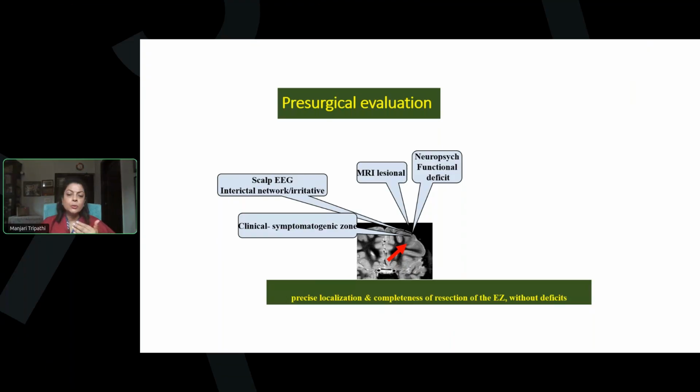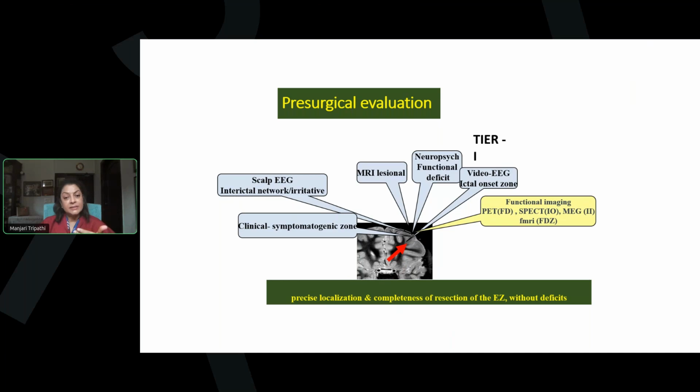And the deficit zone, which is usually done by neuropsychological testing, or the PET brain, which gives us a functional deficit zone. Now, the propagation and ictal onsets can be made out from the scalp video EEG. However, at times when the lesion is subtle, or there are multiple lesions, or when there's discordance, we need many more investigations like a PET, an ictal SPECT, an interictal SPECT, and then a MEG.